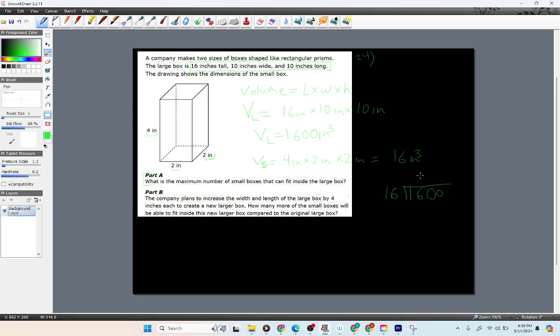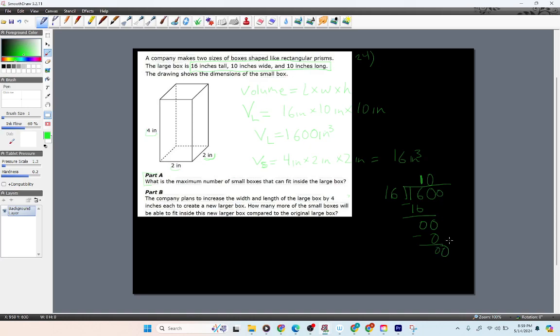16 goes into 16 one time. 1 times 16 is 16. Subtract it. 0. Bring down the 0. 16 does not go into 0. It goes into it 0 times. Then we still have another 0 to bring down. 0 times 16 is 0 again.